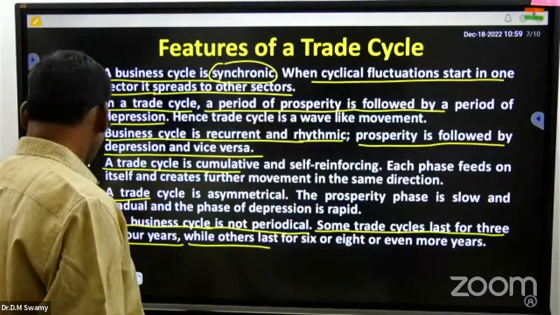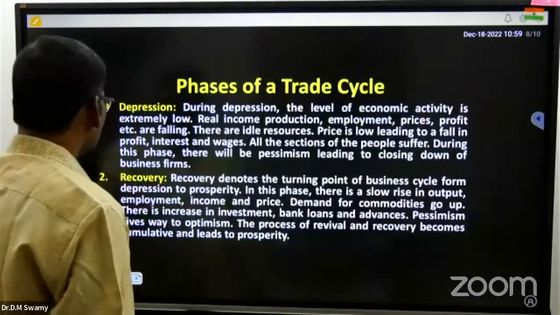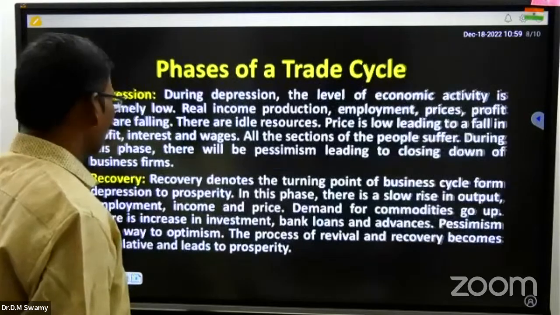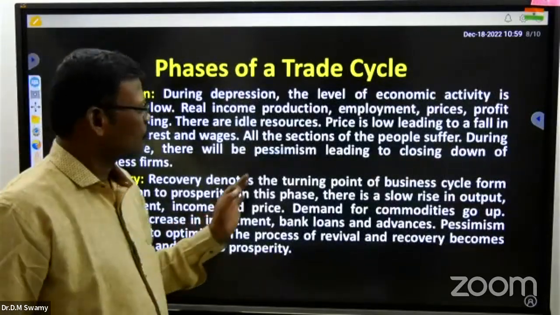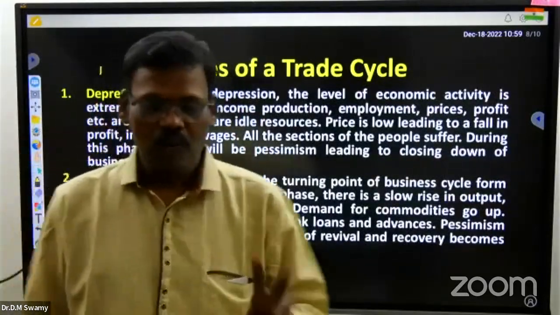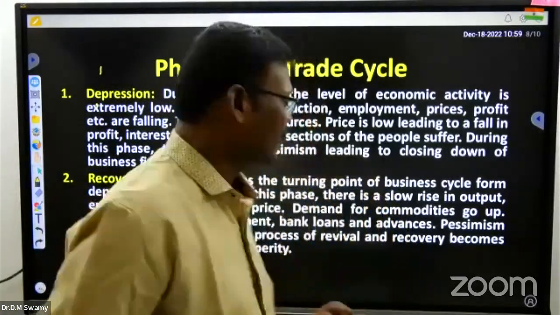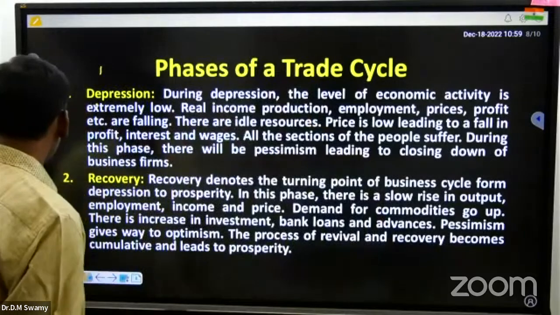This trade cycle is divided into 4 important phases. In the trade cycle we have 4 important phases.